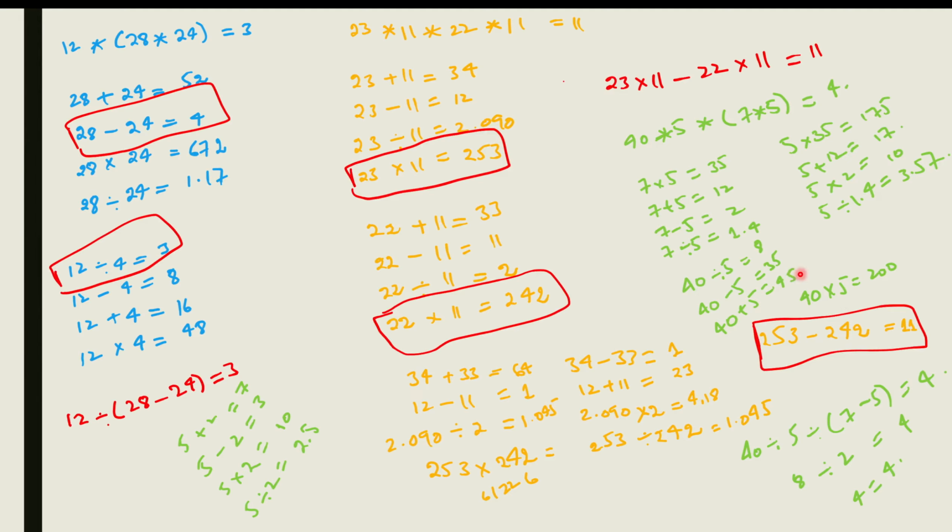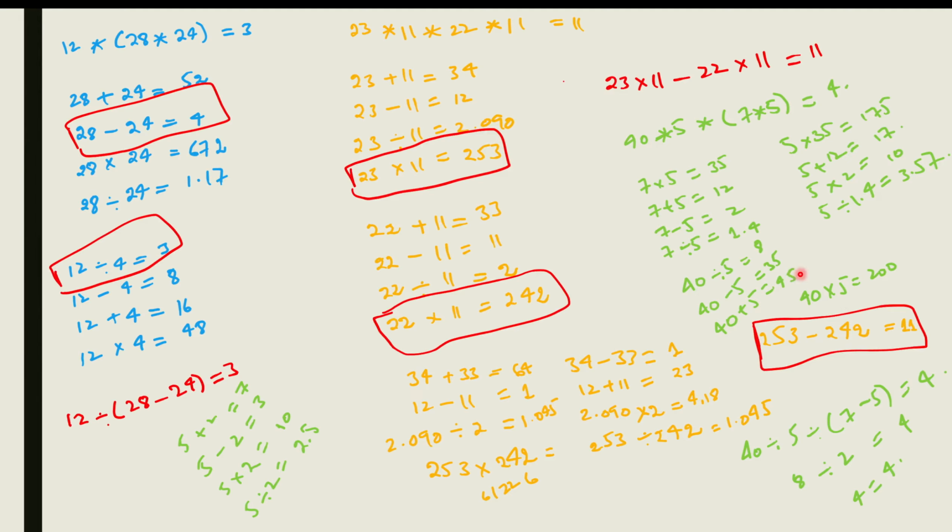So if we do 8, and then in here 2, what can give us 4? If 8 is divided by 2, we get 4. So it will become 4. Therefore, we select the division sign in here and also here.